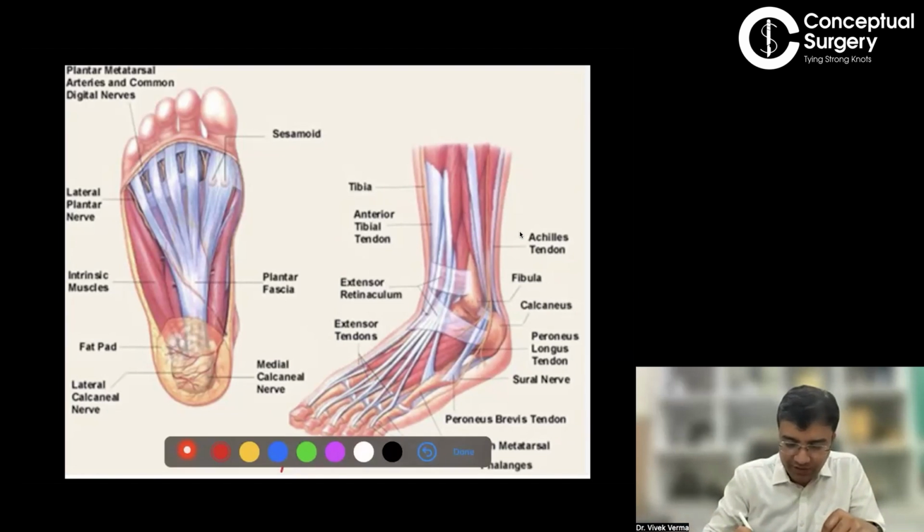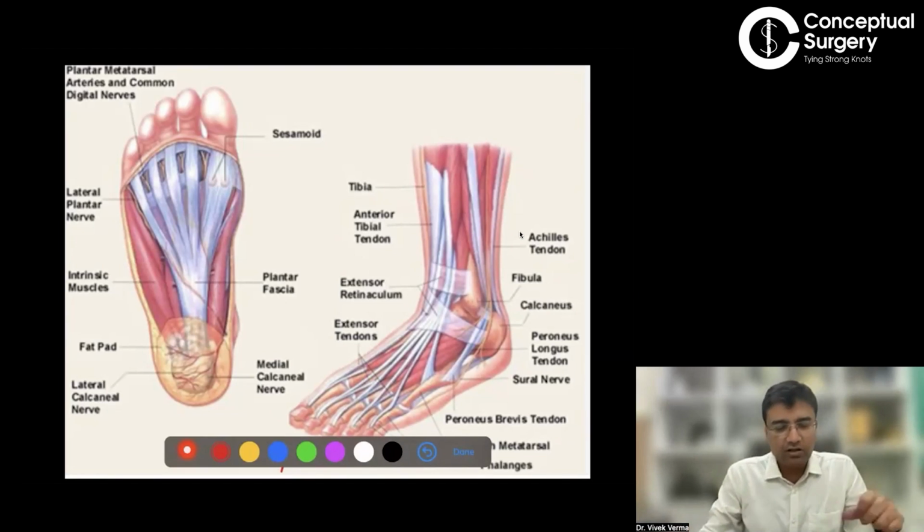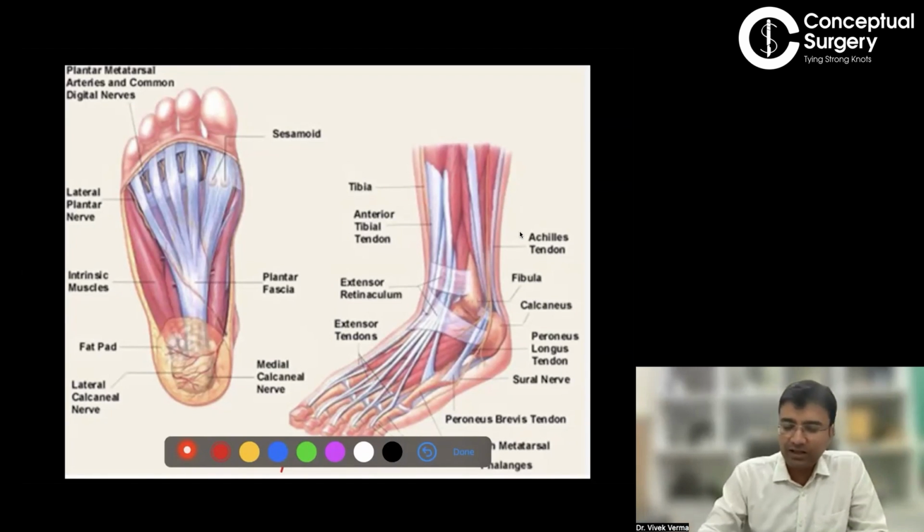So let me draw this. When we look at the foot from the top, everything is well appreciated because the bones are quite obvious, especially being subcutaneous. You don't have many muscles on top, but rather all the tendons of the foot.